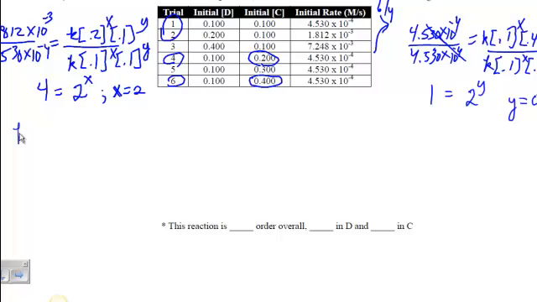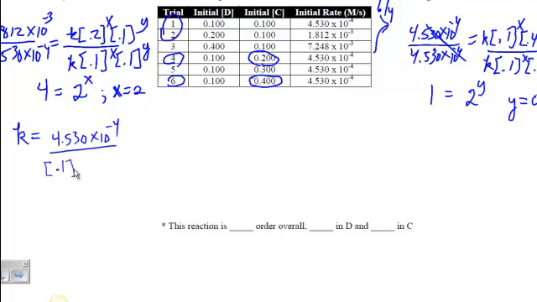So step 3, the constant is equal to the rate. I'll go ahead and use trial 1. The constant is equal to the rate divided by the data here in this case, which is 0.1.